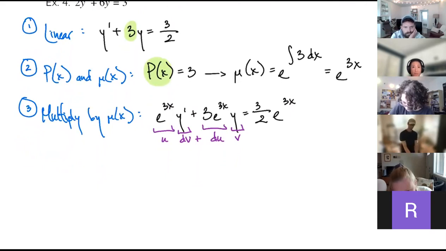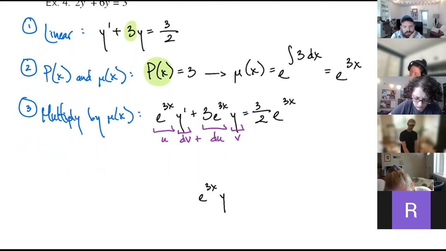I can write the d dx of that product. If I were to skip that step, it might look something like this: e to the 3x times y equals the integral of 3/2 e to the 3x dx.